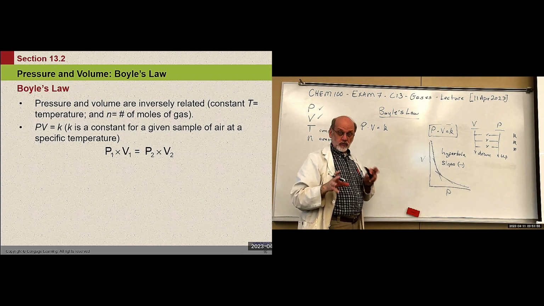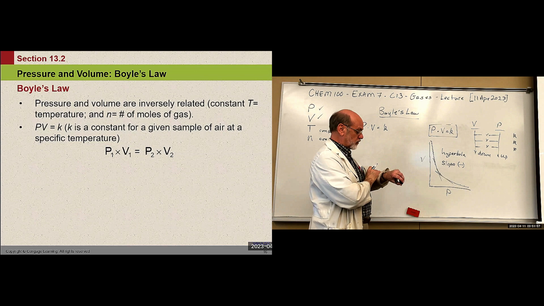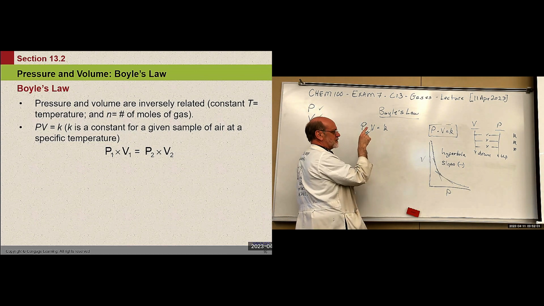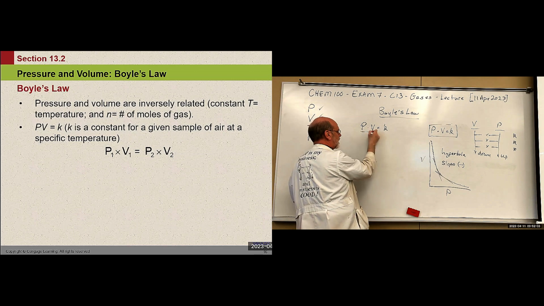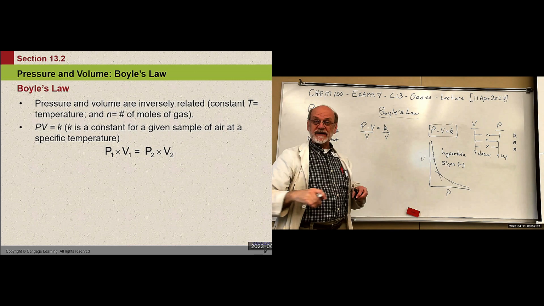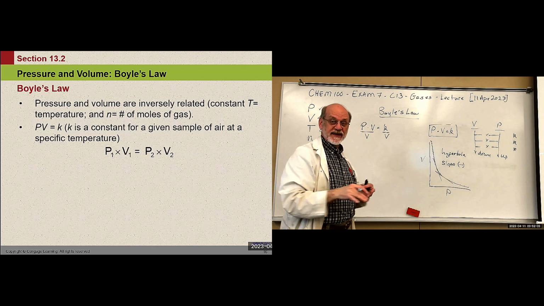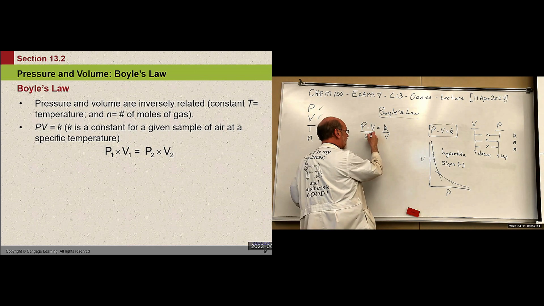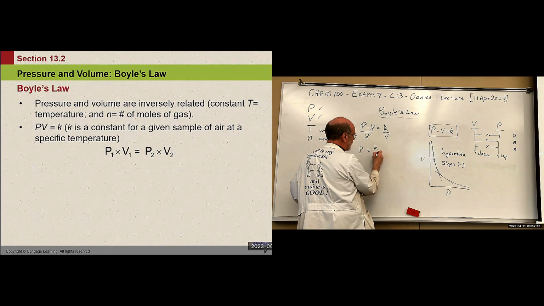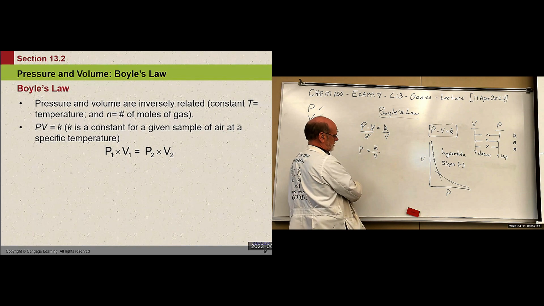And let's obey the rules, right? Algebra has rules. So if we divide both sides by volume, that's permitted, right? Algebra permits that. So this volume cancels that volume, and now we have pressure equals K over V.